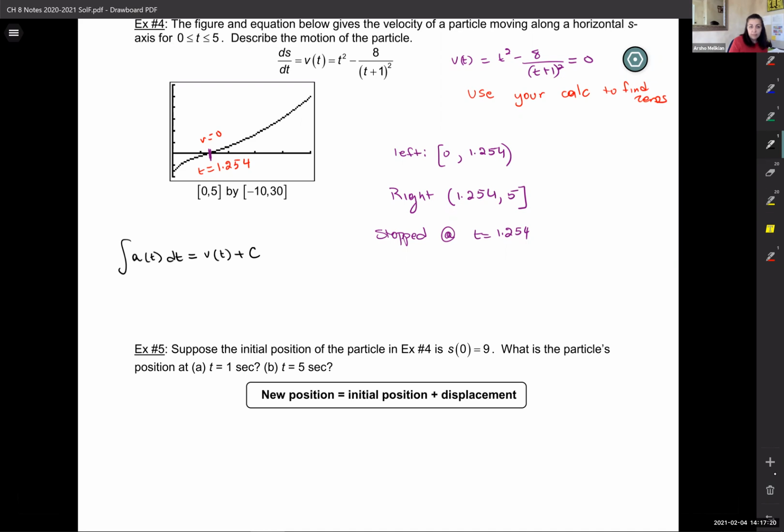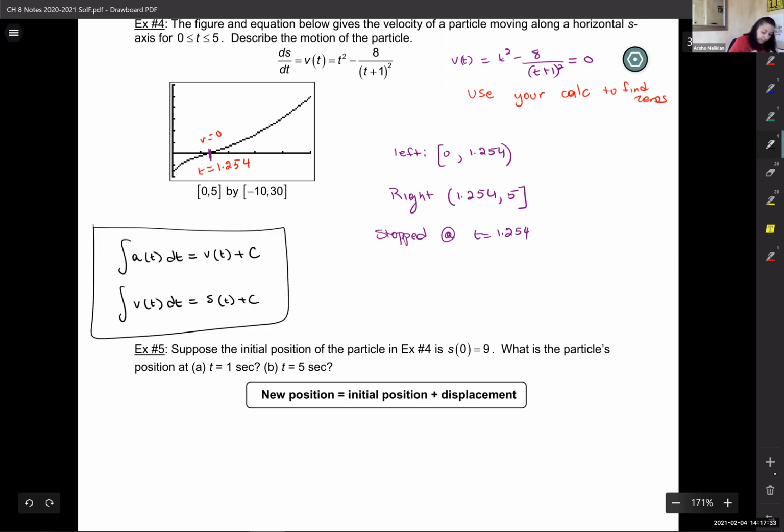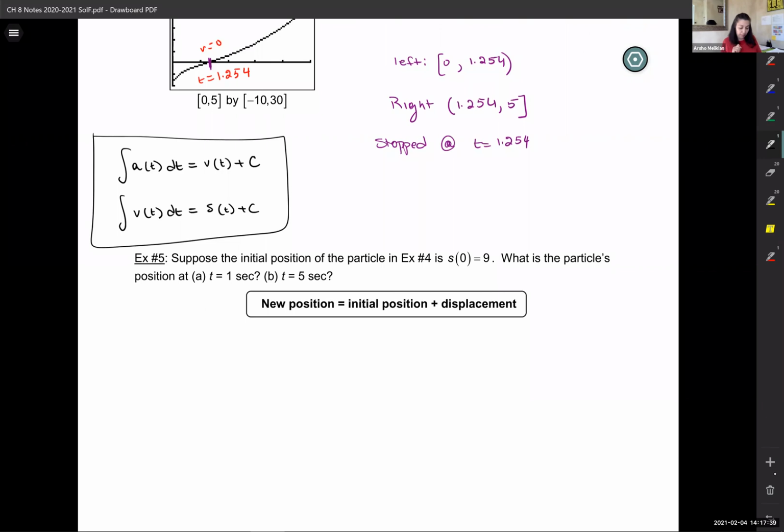And if I take the integral of v of t dt, that gives me s of t plus c. Commit those to memory. Memorize them. And now that we've laid that out, let's do number 5.